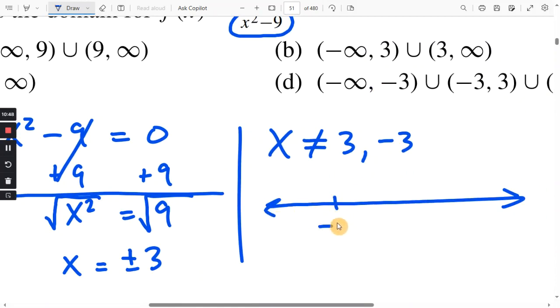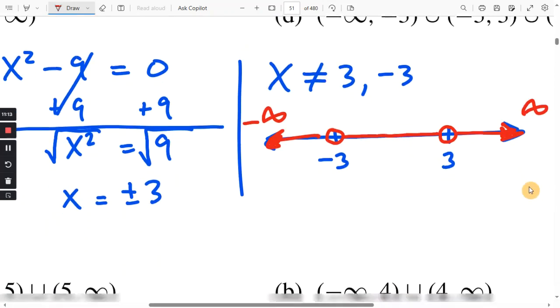Remember, the smaller numbers are on the left. You have the positive 3. The answers are everything else. It excludes negative 3 and positive 3, but it includes everything that goes to negative infinity, everything in between, and everything that goes to positive infinity.